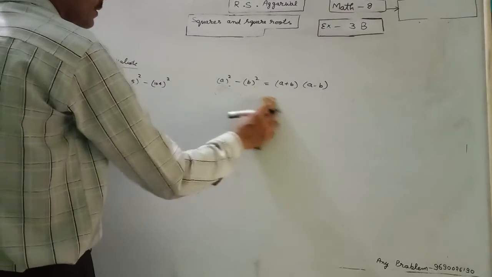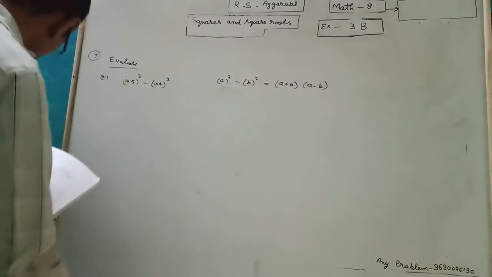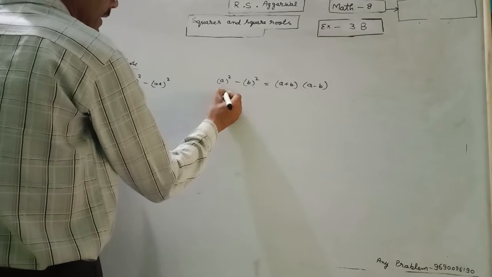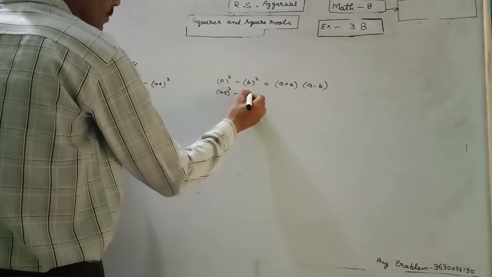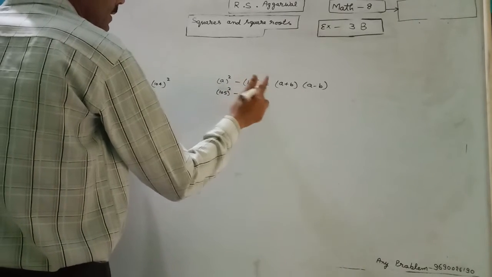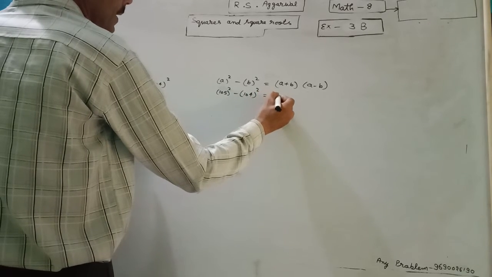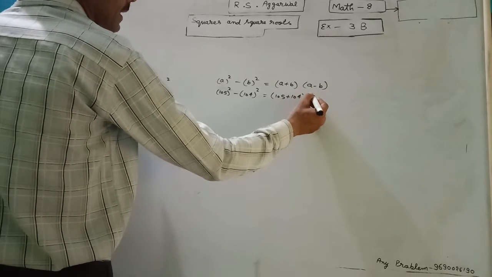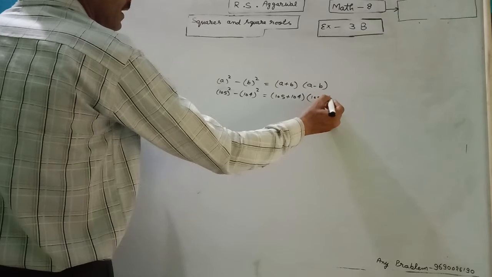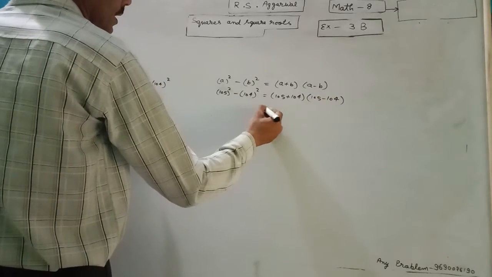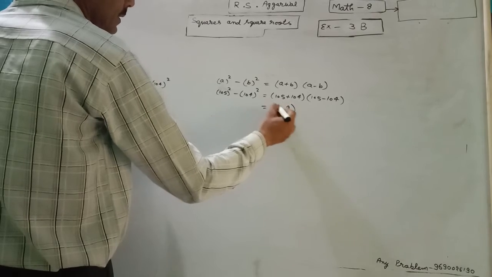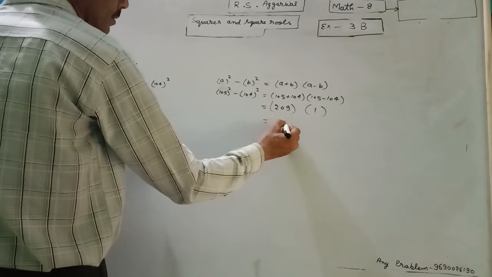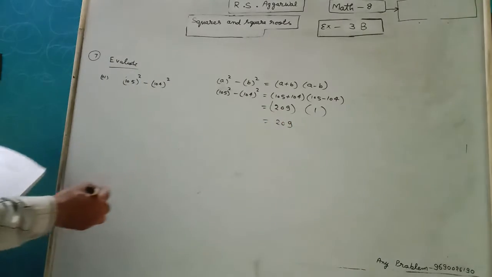Write according to the identity: 105 will be A and 104 will be B. 105 plus 104, other bracket 105 minus 104. After plus 209 in the first bracket, second bracket after minus is 1. After multiply it is 209.